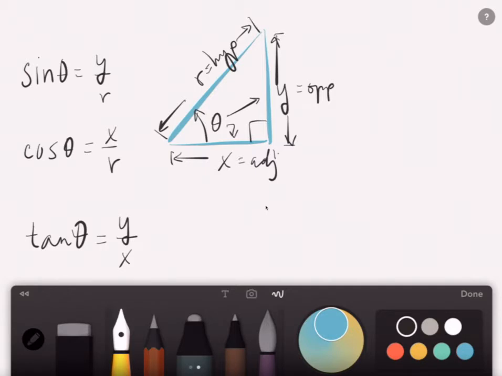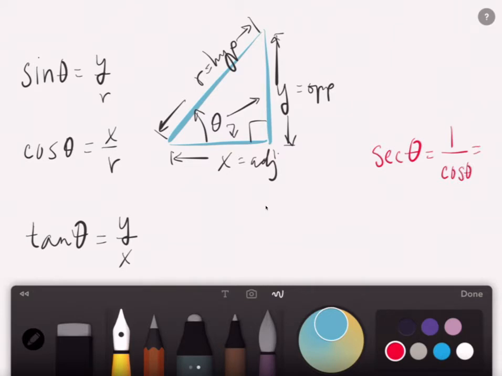Now we want to go a step further. And what we want to do is extend our trigonometric functions. So cosecant, no, let me just start off with secant. Secant of theta is actually 1 over cosine of theta.